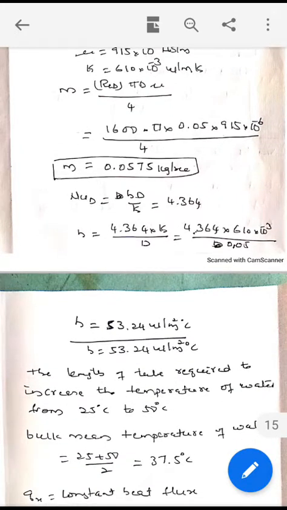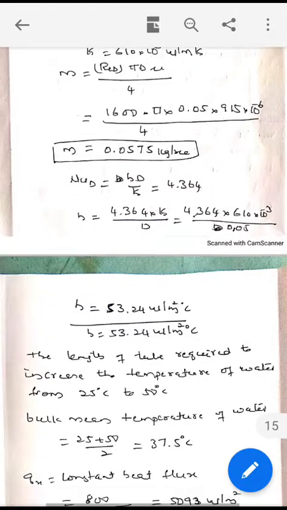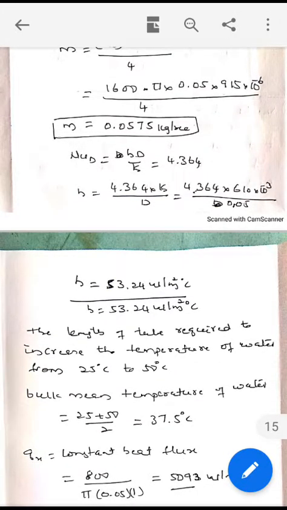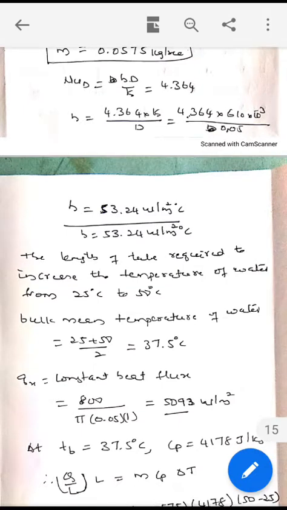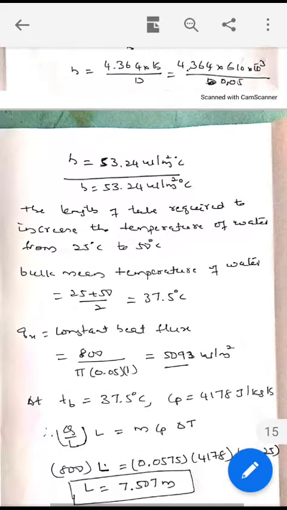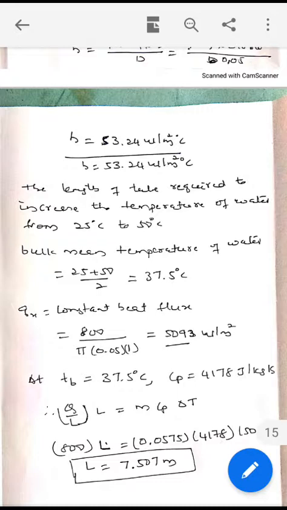Then, since it is a constant heat flux, use the formula Nu equal to hd by K equal to 4.364. Then find the value of h for the laminar flow. It is 53.24 watt per meter square degree centigrade.